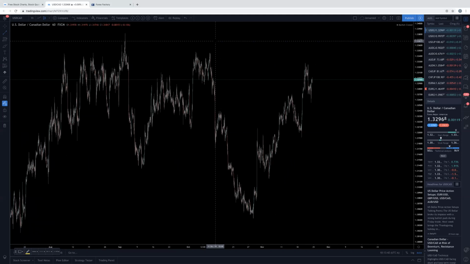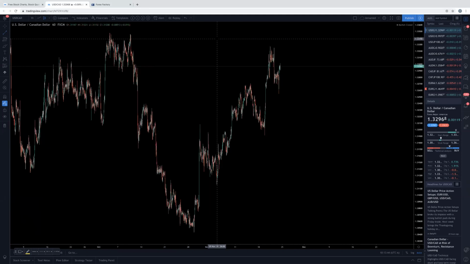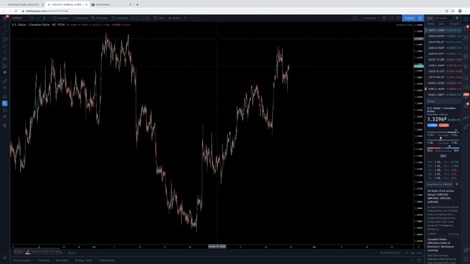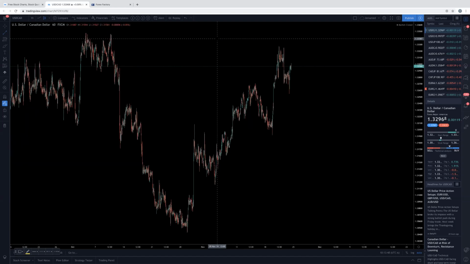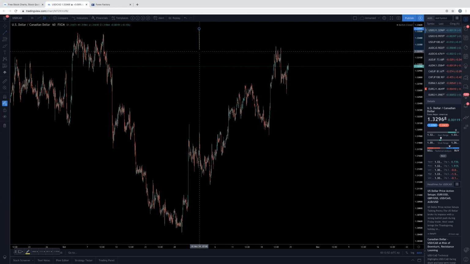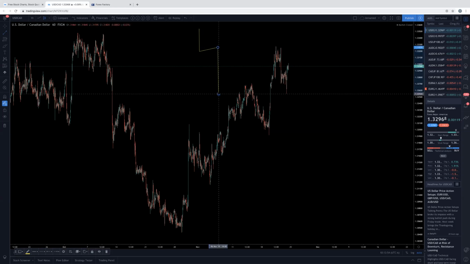How does the market move? Impulse, correction, and continuation, right? Okay, cool. So based off of how the market moves, where do I enter? You want to enter at the impulse, correction, continuation.